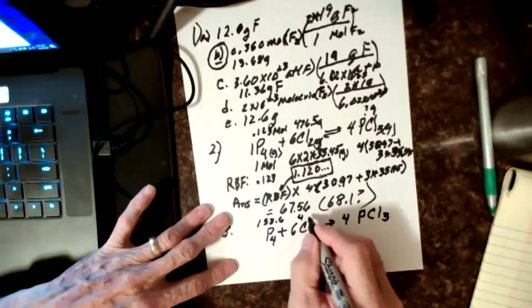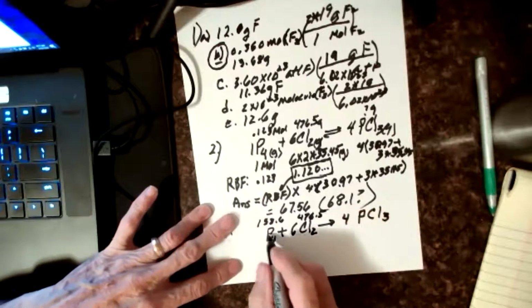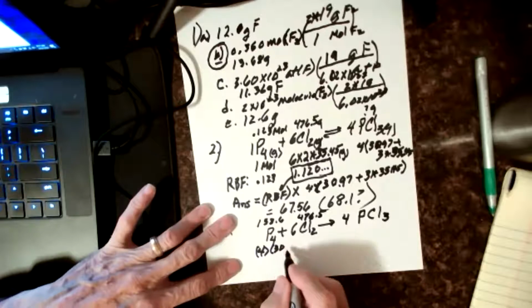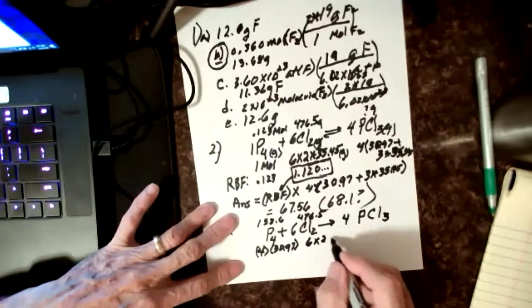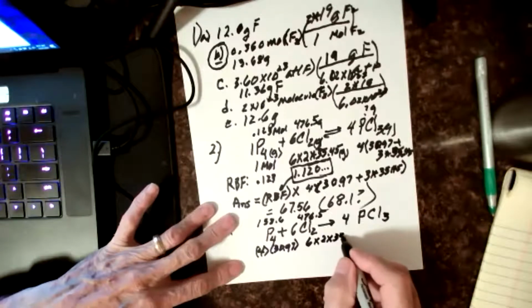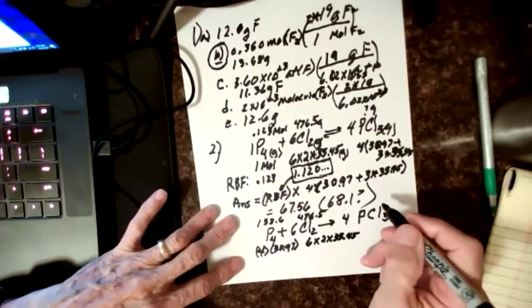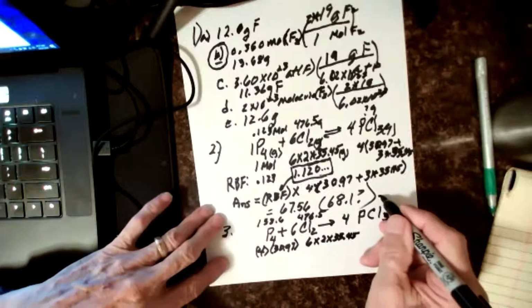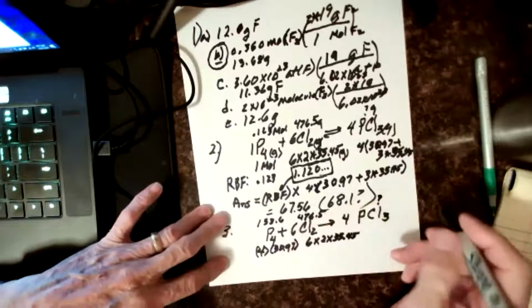I've got 476.5 grams of this. The equation is showing 4 times 30.97 of the phosphorus, it's showing 6 times 2 times 35.45 grams of this. And when we're done, we want to know how much of this is present and how much of one of these is going to be left over.